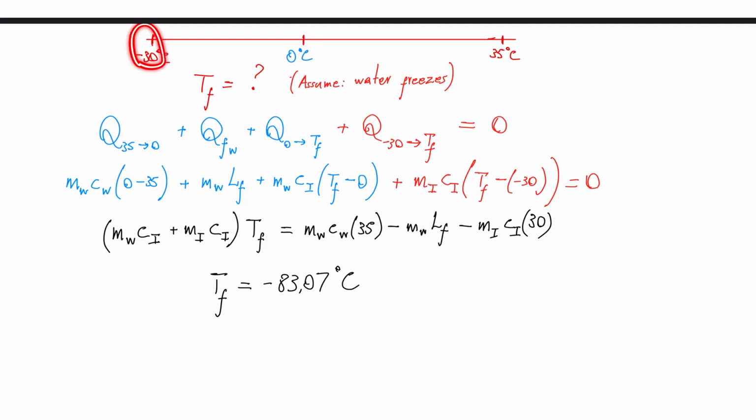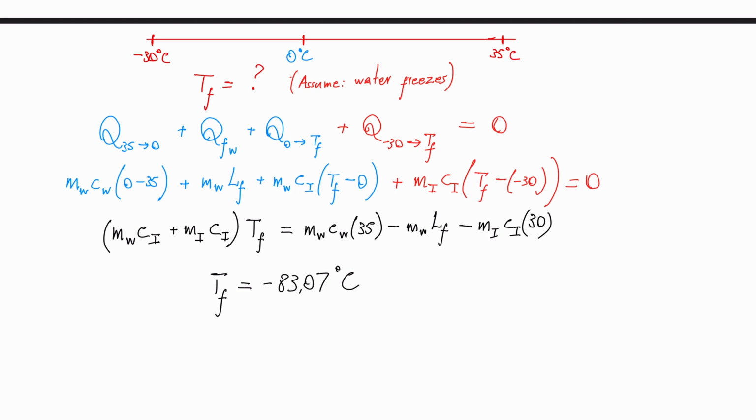Because remember, the ice is going to absorb energy from the water, so it's going to increase its temperature a little. But then the water is going to lose all of its energy and freeze, and this is by assumption. We have made this assumption.